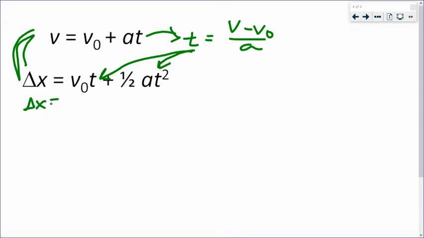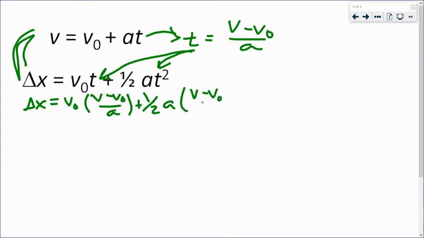Delta x equals v0 times v minus v0 over a plus 1/2 a times v minus v0 over a, squared. All right, this looks like a mess.